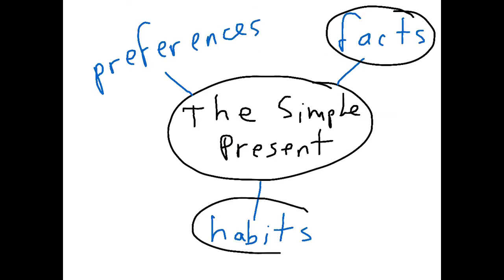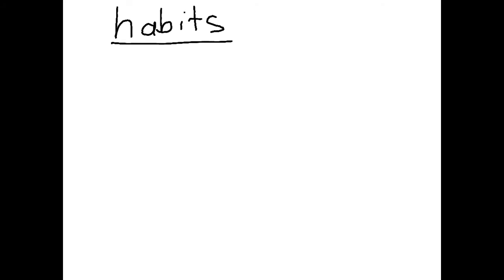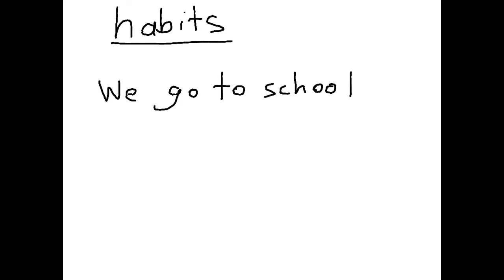Now habits. Habits are actions that we repeat every day, every week, every month, every year. And when talking about habits, then we need to use the simple present. Here's an example. We go to school every day.